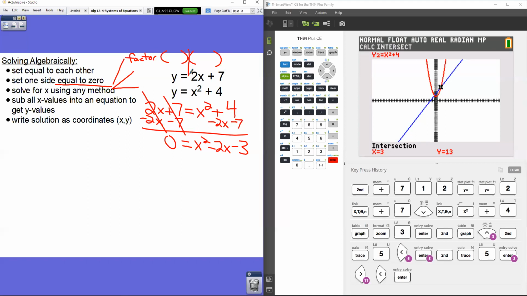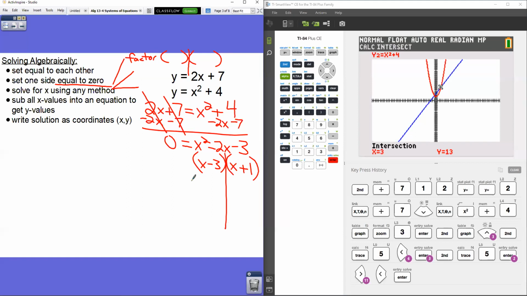So if I wanted to do it that way, I would say what times what is -3 that adds up to -2. Well, that is -3 and +1. -3 times 1 is -3. -3 plus 1 is -2. Draw my line down the middle and solve for x.